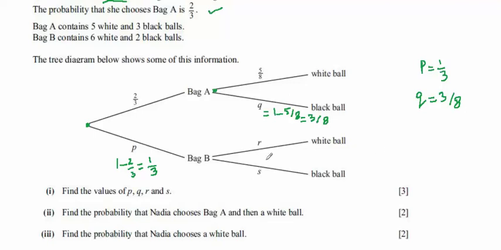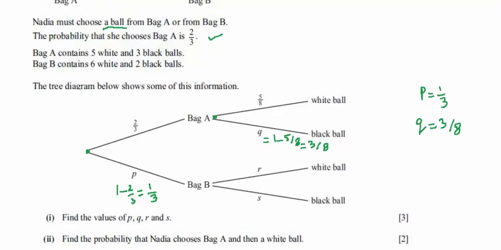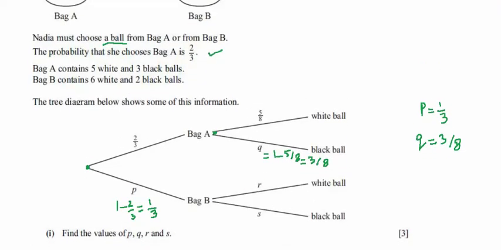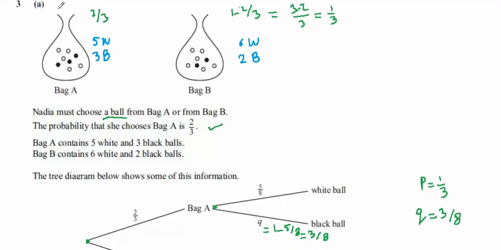And then the value of R. Now here we cannot do it this way because both are not given. So we will use the basic detail of the question to find the value of R and S. So this is bag A selected, and in bag A we have this situation.